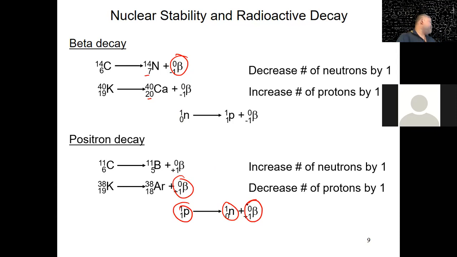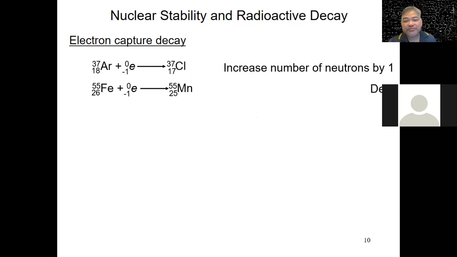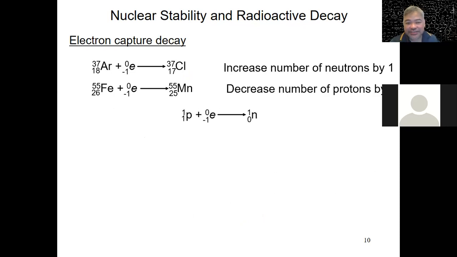So you could see here, it's just the reaction of the different fundamental particles. So meron kang neutron na nagiging proton at electron. Meron kang proton na nagiging neutron at positron. And if you have an electron capture, you have an electron on the reactant side reacting with a proton to give you a neutron.